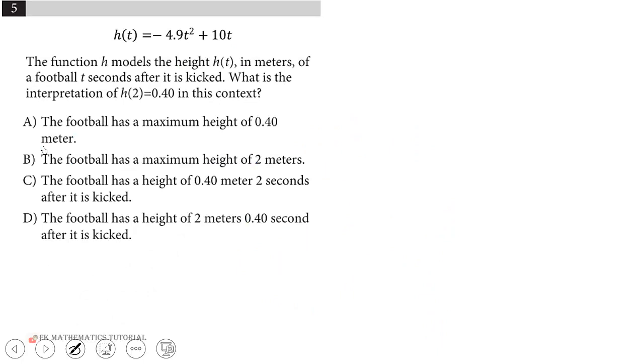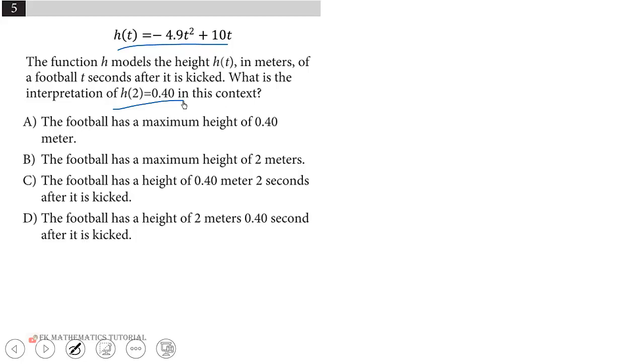The function h models the height h(t), in meters, of a football t seconds after it is kicked. What is the interpretation of h(2) = 0.4 in this context?